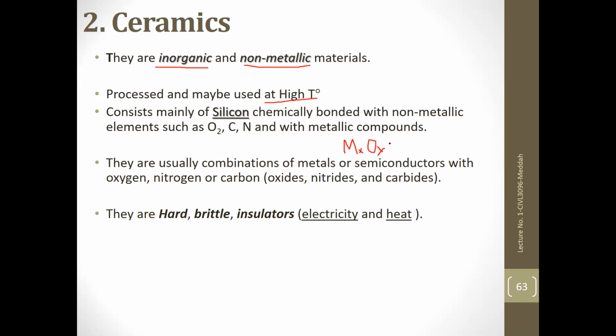I'll just give you an example here before we go further. Think about an example before I give you mine, about how combining metals and oxygen you form a ceramic material. I already gave you some of these examples. Let's say aluminum. Aluminum is a metal, isn't it?